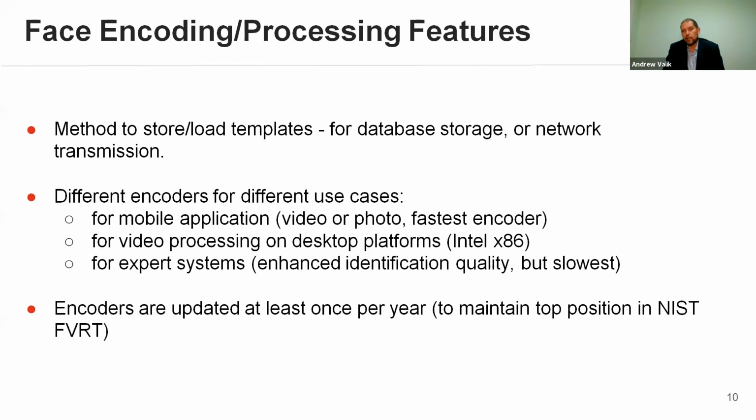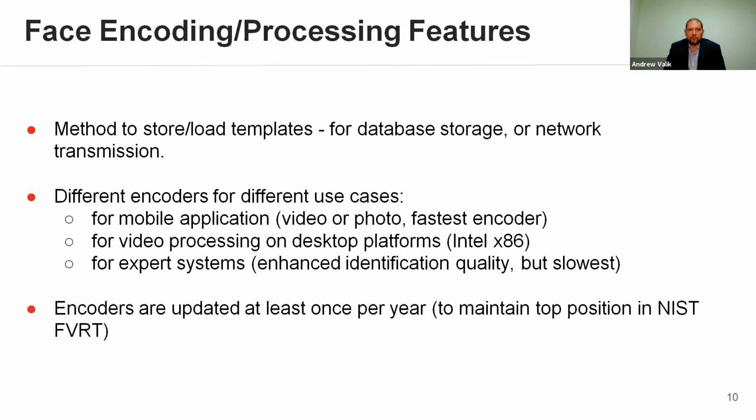You have time, for example, to encode one face in 1/2 of a second, and this encoder and this method of identification is used for expert systems and for searching one unknown face in a huge, big database.